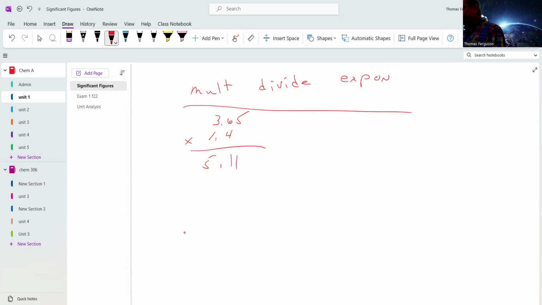So we've got 3 sig figs there, 2 sig figs there. So our answer is going to have 2 sig figs. My calculator gave me 3 sig figs, so I've got to fix it. So you go to the next place over, which is here. That number is 0 to 4, so we just drop it. So the answer is 5.1.